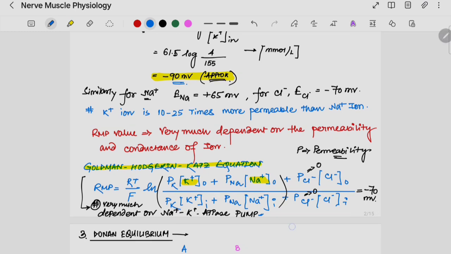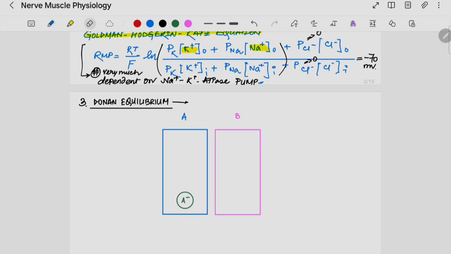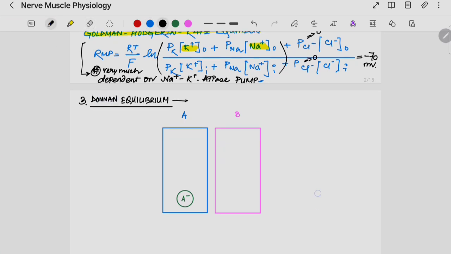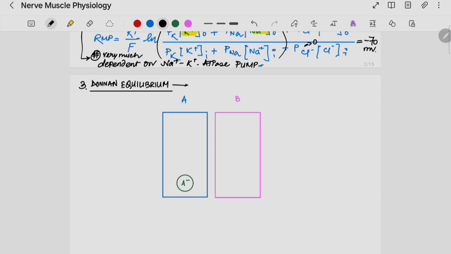So next comes the Donnan equilibrium. What is the concept behind Donnan equilibrium? When two solutions, let's say A and B, are in compartments, in compartment A we have potassium ion, chloride ion, and a non-diffusible protein, let's say A negative anion, and in compartment B there is potassium ion and chloride ion.